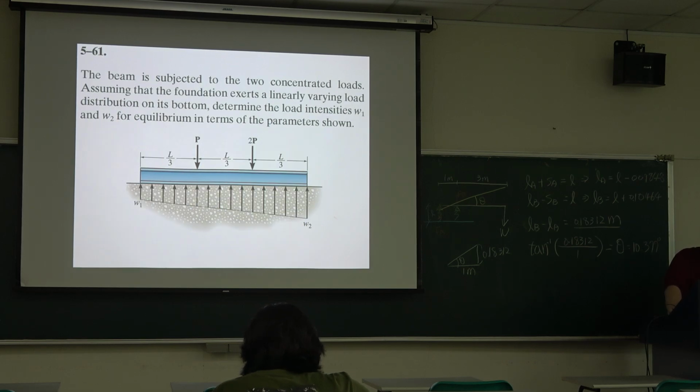This is simple. The beam is subjected to two concentrated loads. Assuming that the foundation exerts a linearly varying load distribution on its bottom, determine the load intensities W1 and W2 for equilibrium in terms of the parameters shown like this.